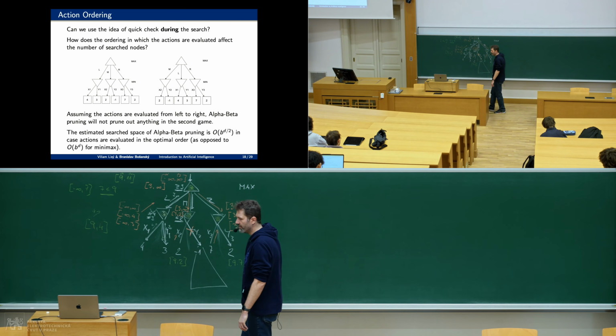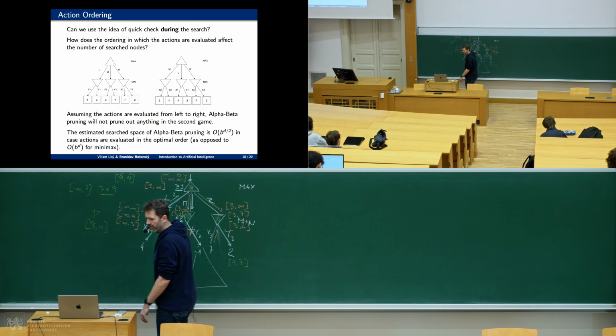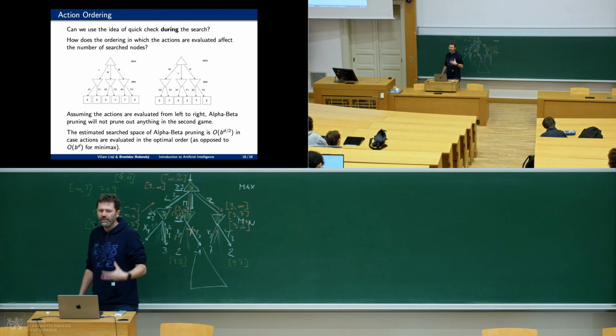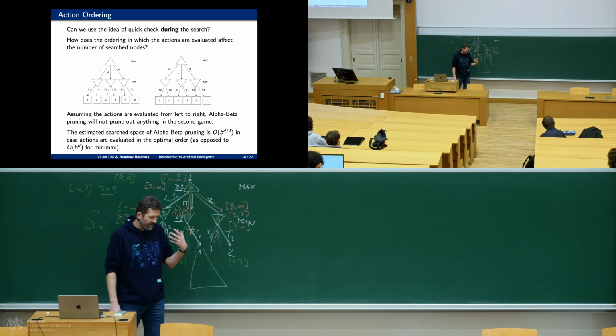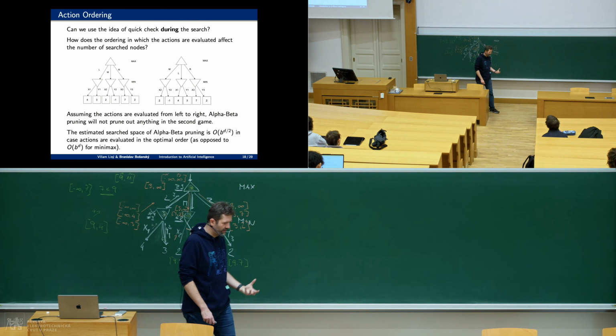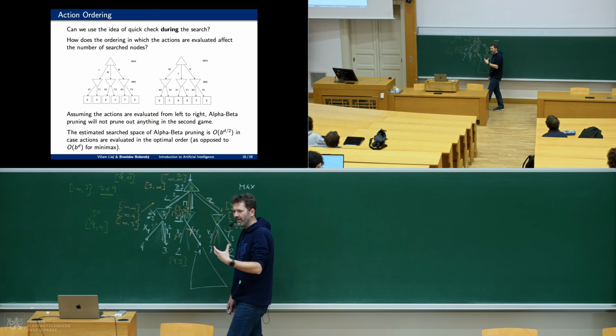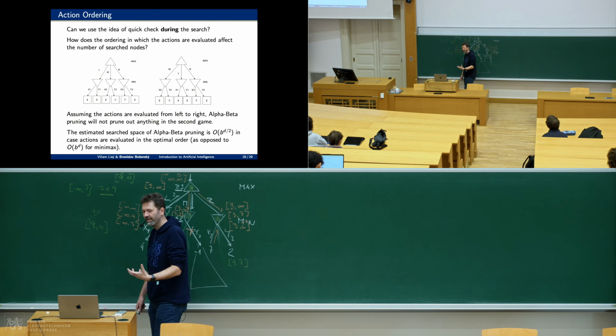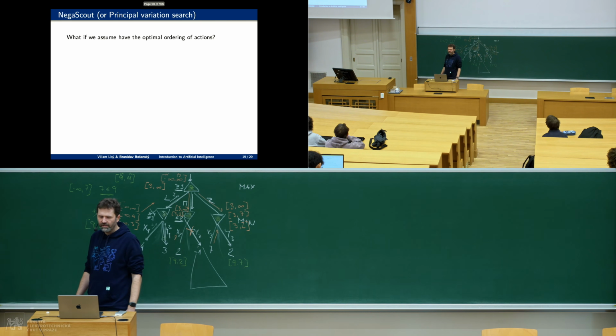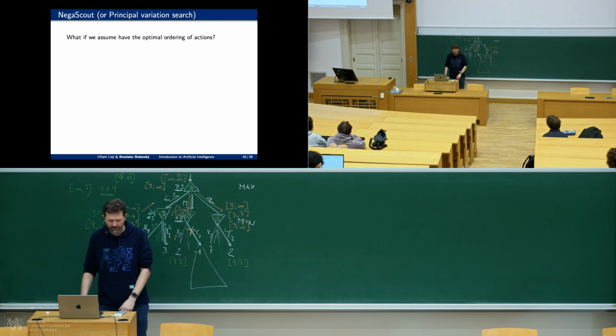And there is one other algorithm that heavily uses this idea of having a good heuristic that will most likely correctly provide me with the best action first. And this is called Scout or principal variation search.